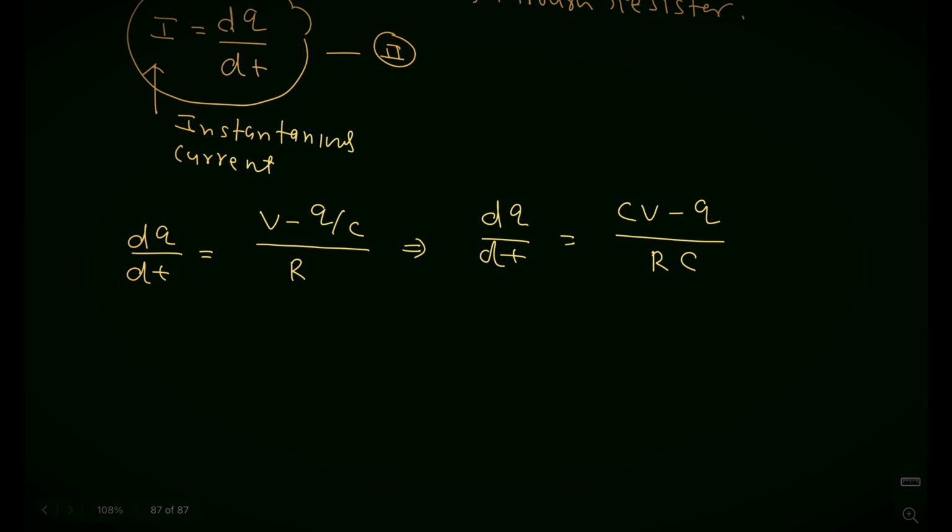Now I'm going to use the variable separable method to solve this integration. dq upon (CB minus q), I am going to separate the variables, equals dt by RC.